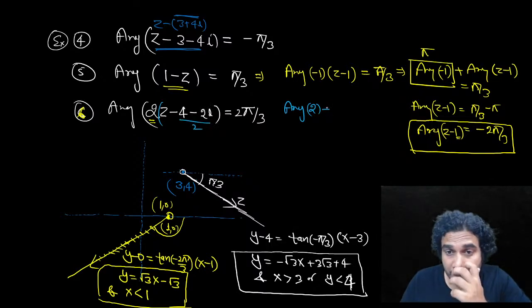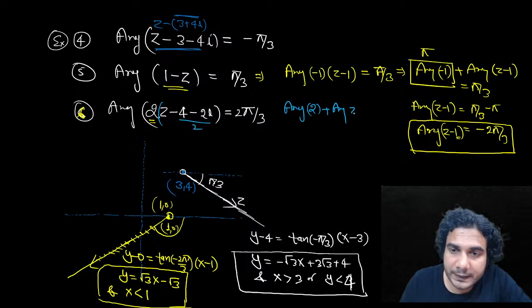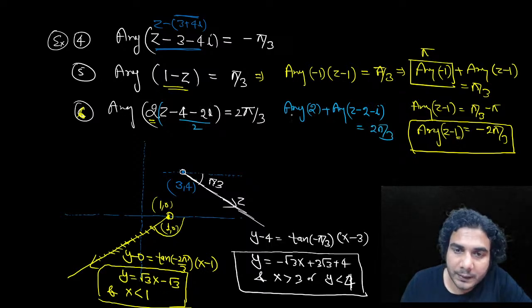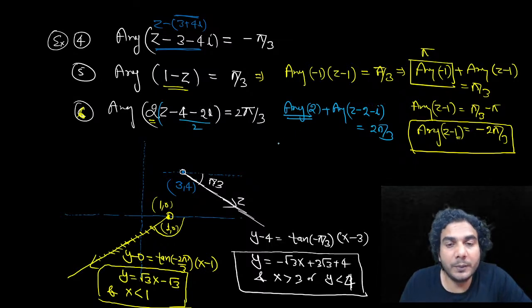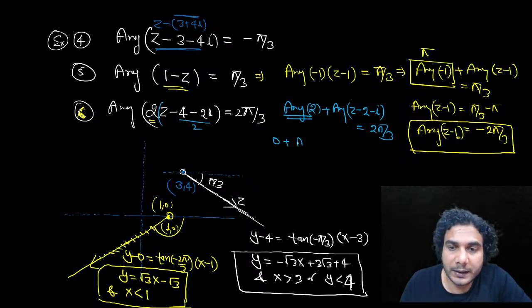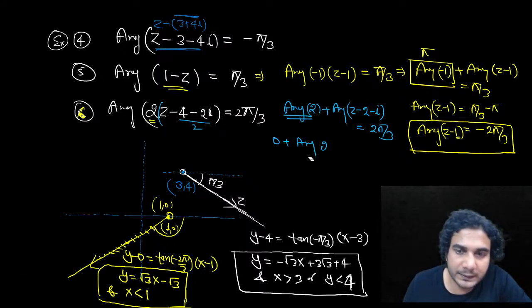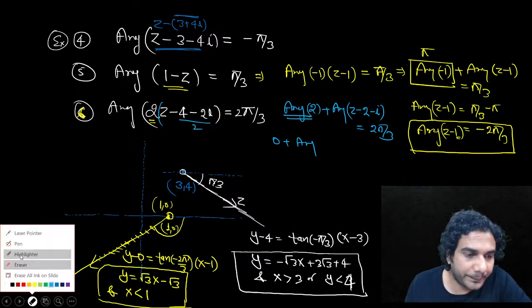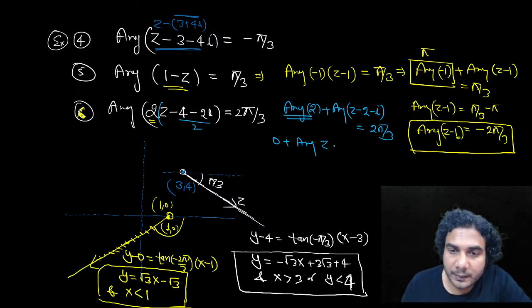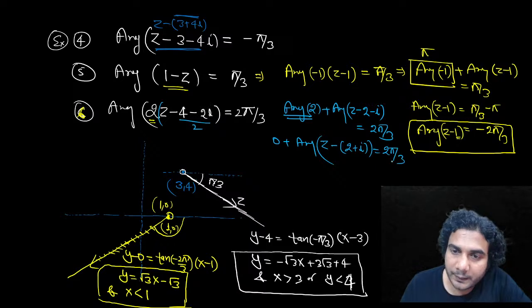So it is argument of 2 plus argument of z minus 2 minus iota is equal to 2 pi by 3. This argument of 2 will become 0. The argument of any positive real number is 0. Plus you'll get argument of z minus (2 plus iota) is going to be 2 pi by 3.